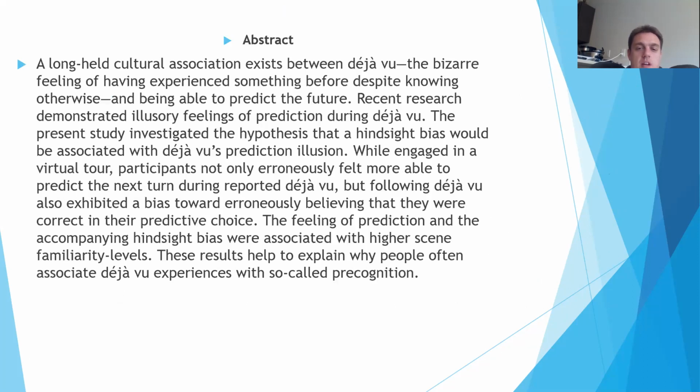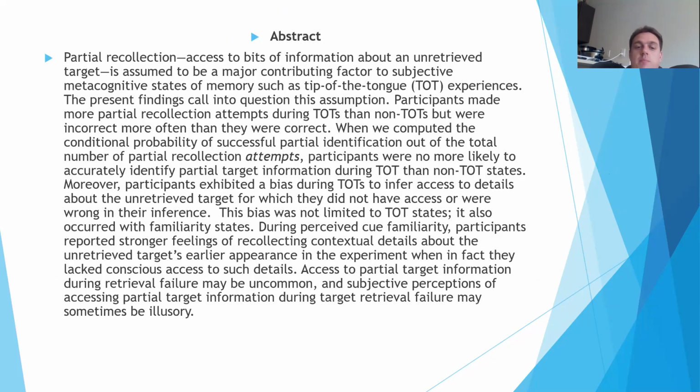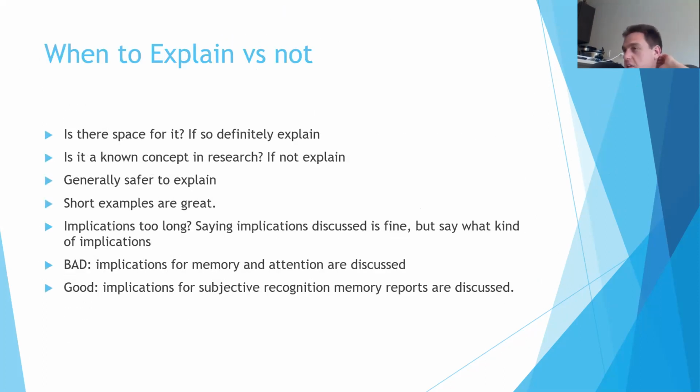But implications for models of familiarity, implications for feelings of partial recollection, like if you can't say the whole thing, that's fine, but at least zero in on what the implications are about. So yeah, implications for subjective recognition memory, that's good, that's fine, if those implications are too much to talk about in the abstract.